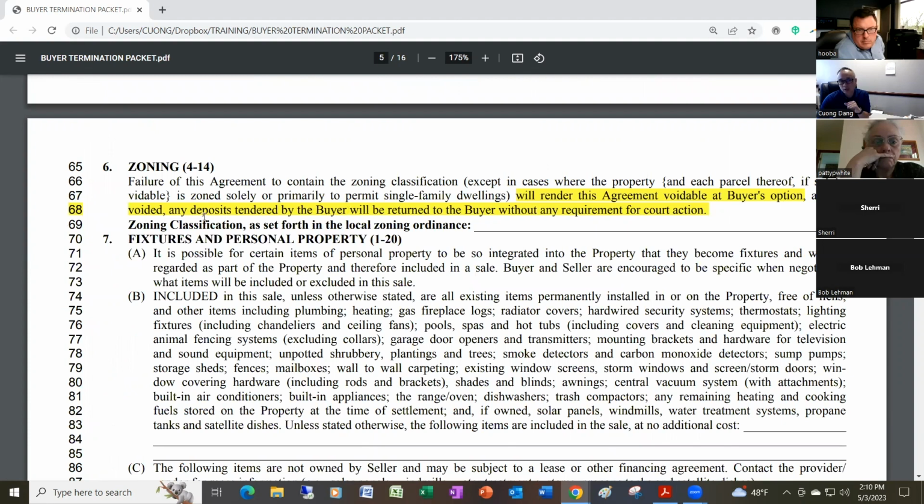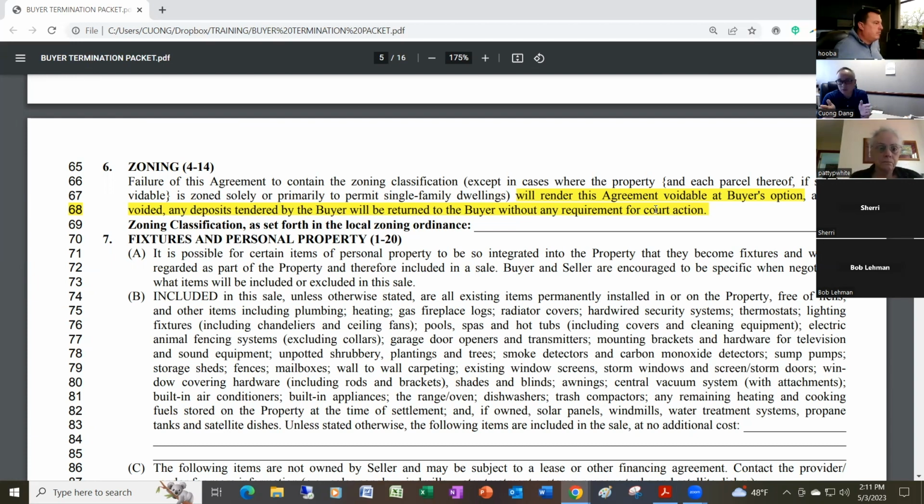And if voided, any deposits tendered by the buyer will be returned to the buyer without any requirement for court action. So if you sell a property and use this agreement of sale, and it so happens it's commercial, and we don't put in there that zoning classification for it, the buyer at their option can void this contract and get their deposit money back.